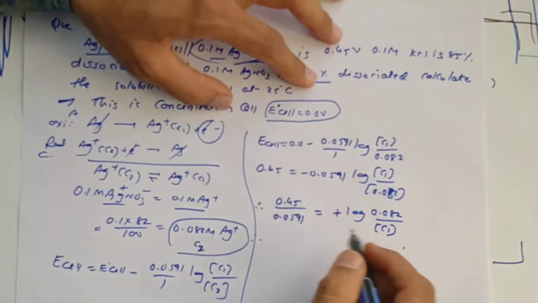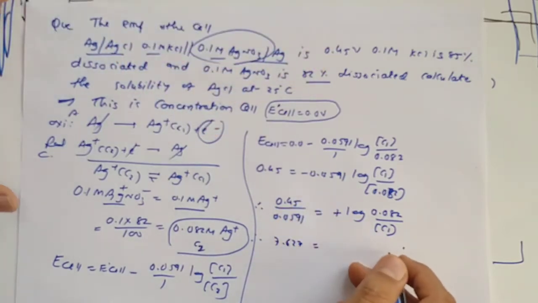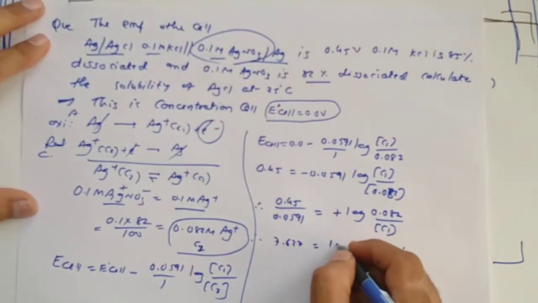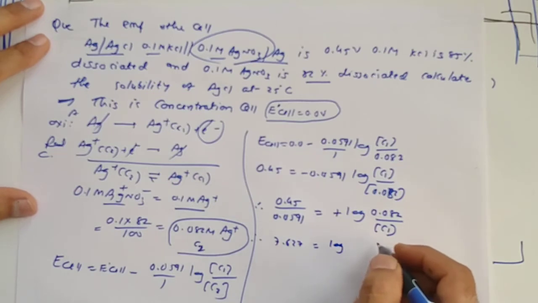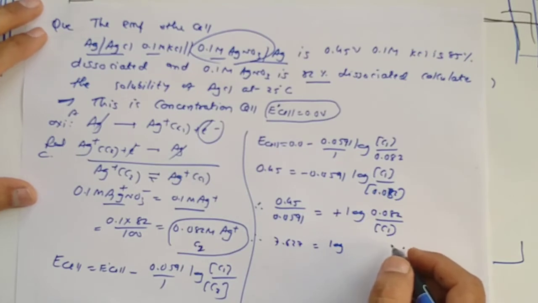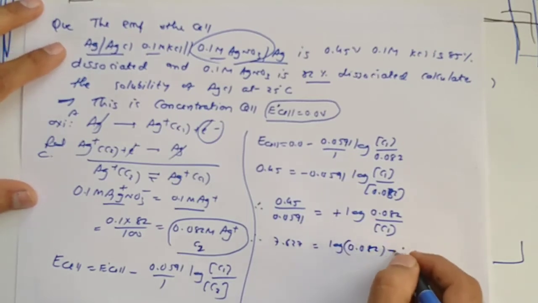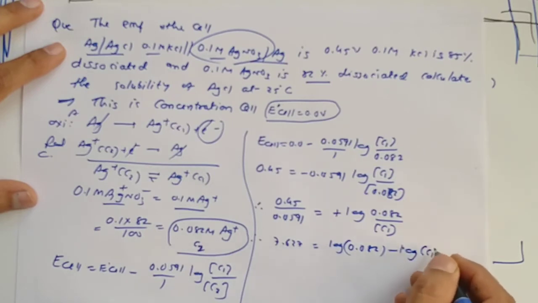So the division gives us 7.627 equals log 0.082 minus log C1.